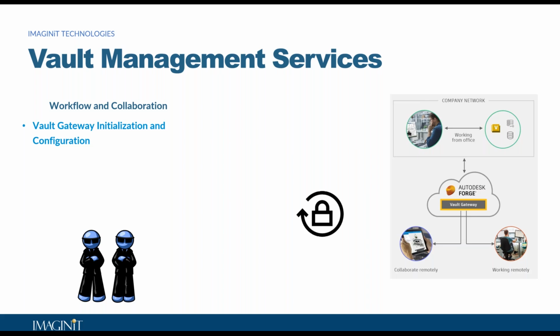You can kind of think of it as like a private proxy that allows not only your users who may need to access the Vault when they're outside your network, but those other partners that you need to have access to the Vault, but maybe you don't want to do it via VPN, or you don't want to give them access to your network, but they still need the data. Gateway is a great way to handle that and allows that secure access to the data in the Vault without granting access to your overall network. IT tends to really like keeping people out of your network, so it's kind of a win-win situation when you use that.